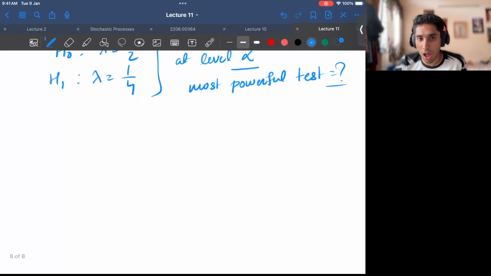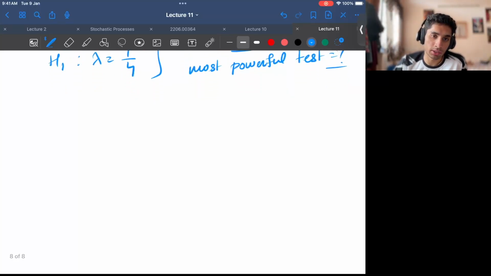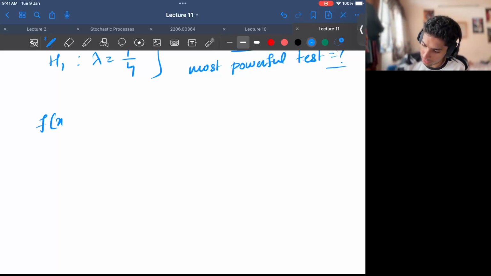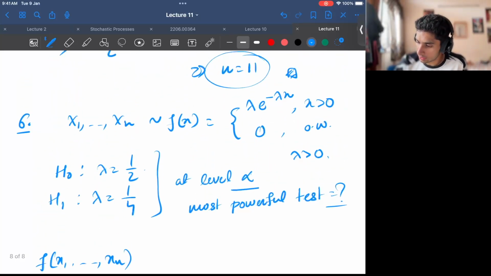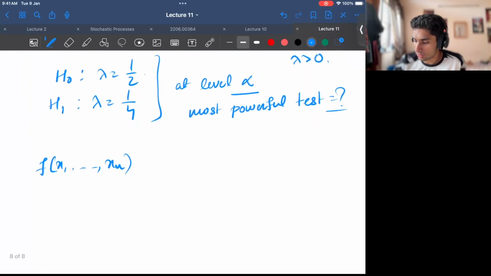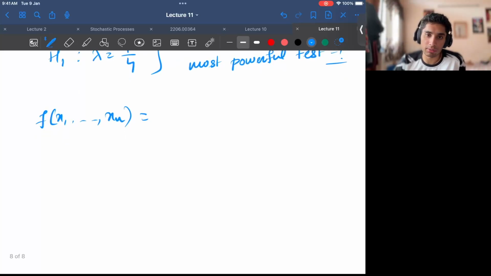So for that you need to first find out the joint distribution of x1 till xn, right? So what will be the f of x1 till xn? Now remember, these are all IID by the way. So this will simply be the product of each of the densities, right?